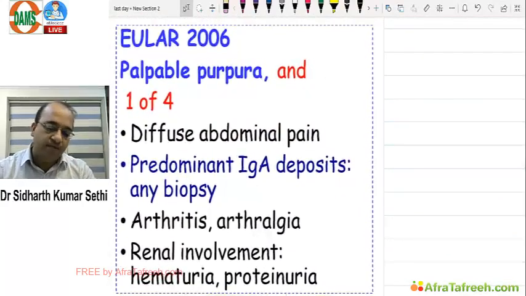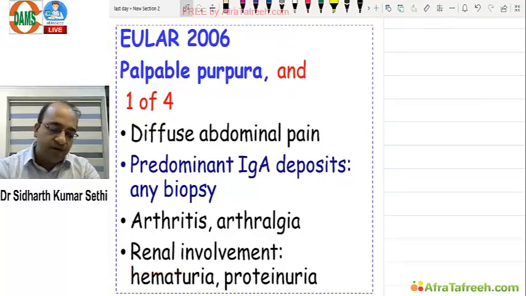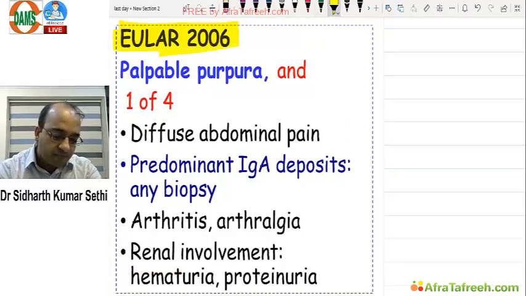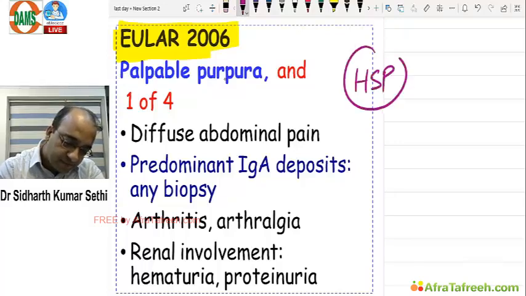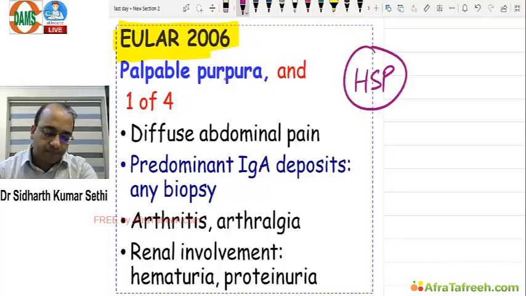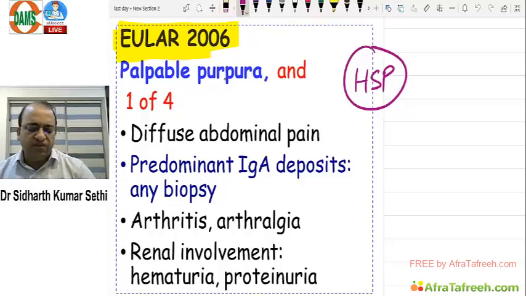What is EULAR? It's the European League Against Rheumatism. So the criteria for HSP are palpable purpura and any one of these four. Pain abdomen.